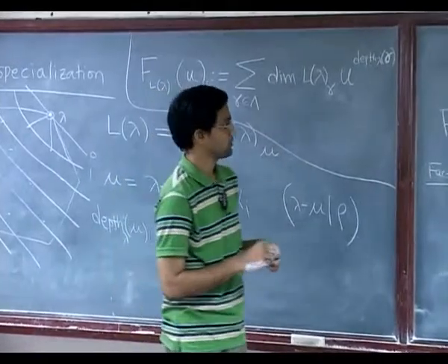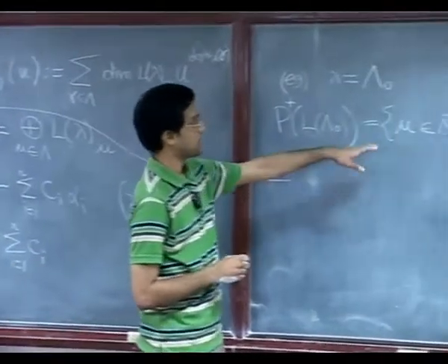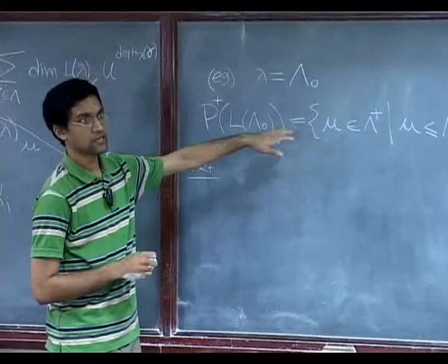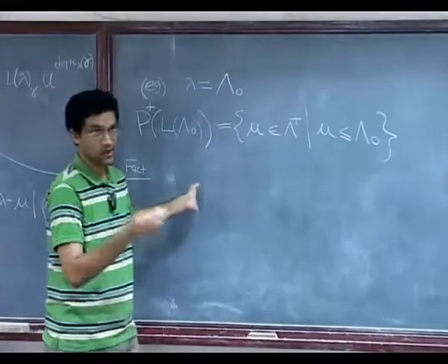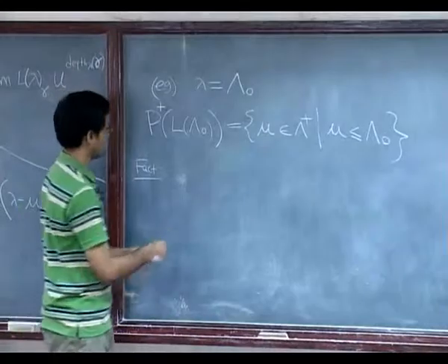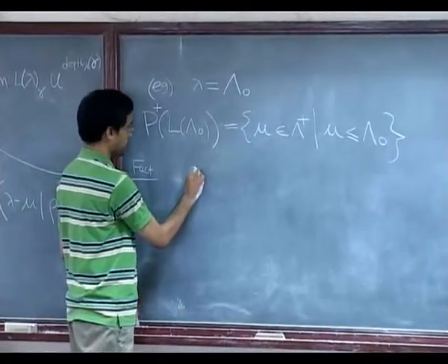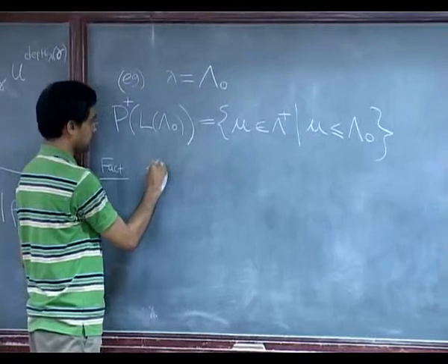So the fact here is, at least for L lambda naught, it's rather easy to describe. These are a collection of facts about L lambda naught that I started talking about yesterday. The fact is, you can actually figure out what these things are rather easily.